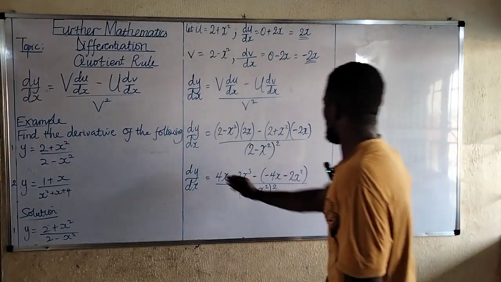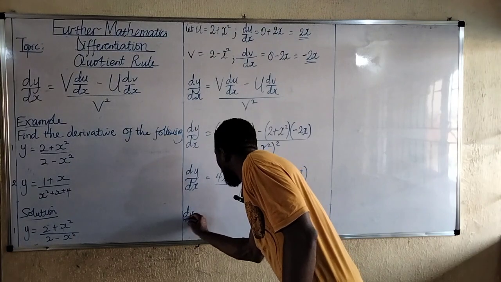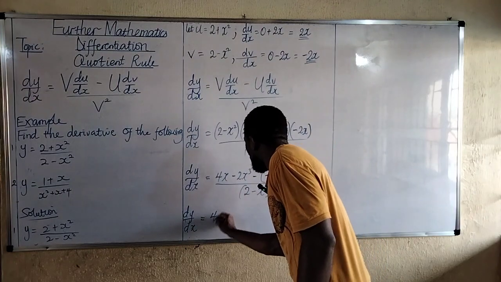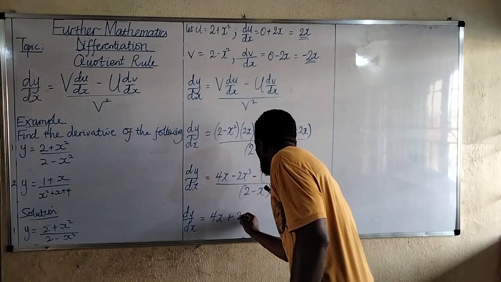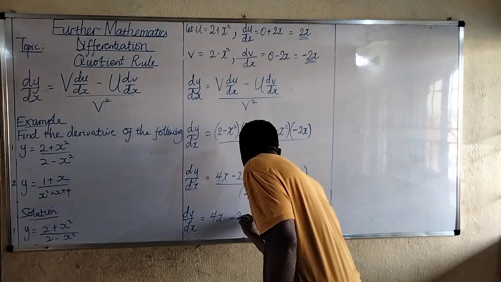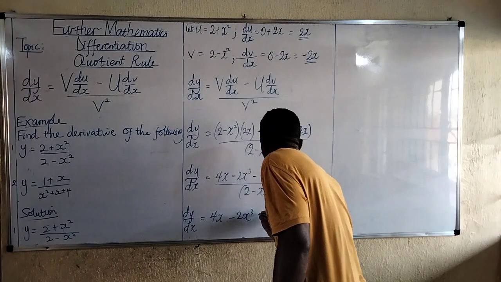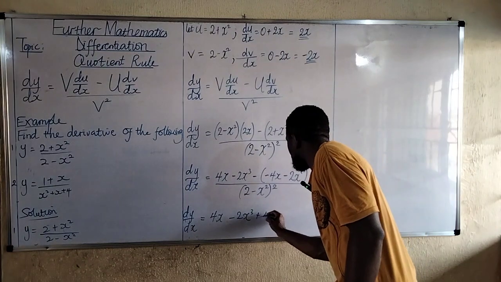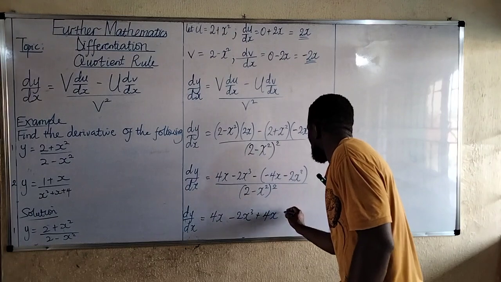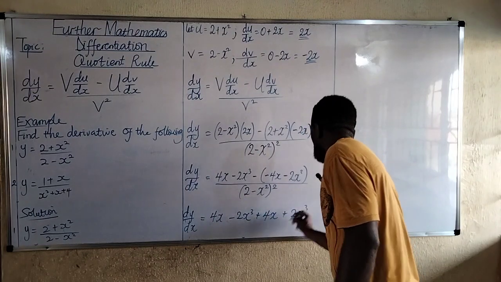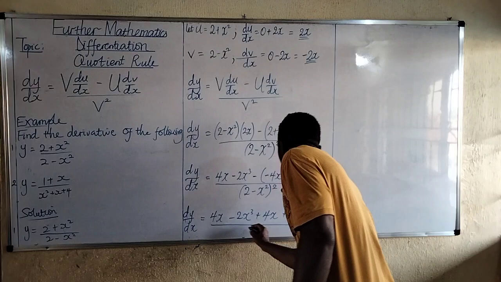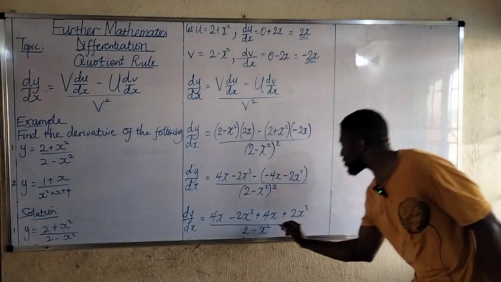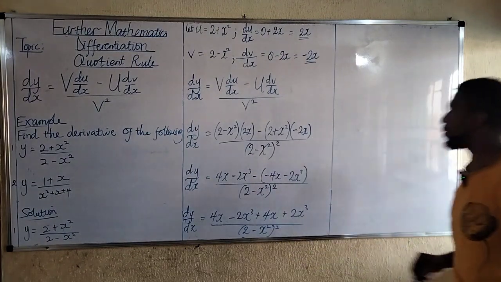Okay, so we go back to our dy over dx. It will now be 4x minus 2x cubed, minus, we will multiply everything inside the brackets, negative times negative 4x will give us plus 4x, negative times negative 2x cubed will give us plus 2x cubed, all over 2 minus x squared, all squared. Okay, this is what we have.